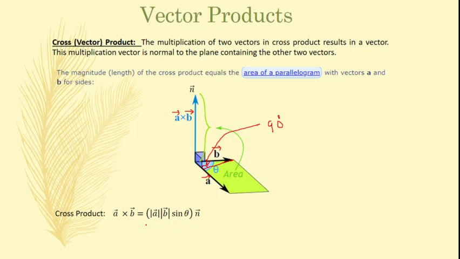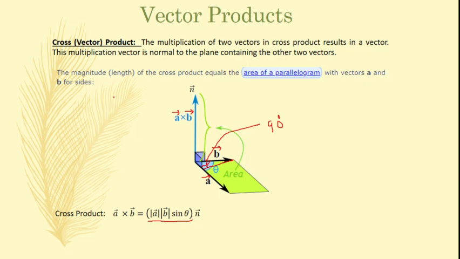Because the cross product of two vectors is another vector, we can write any vector with respect to this one: the magnitude multiplied with this unit vector. Then the magnitude of the cross product equals the area of the parallelogram with vectors A and B for sides.